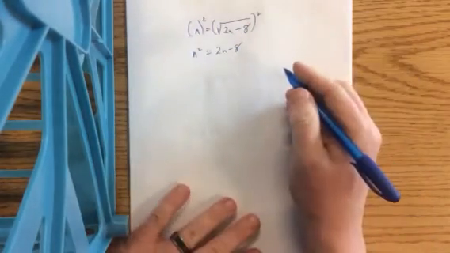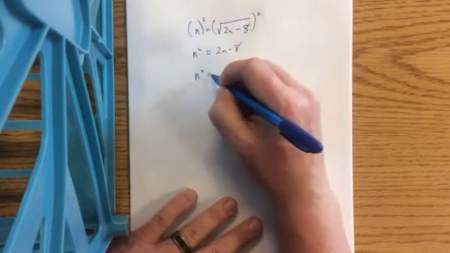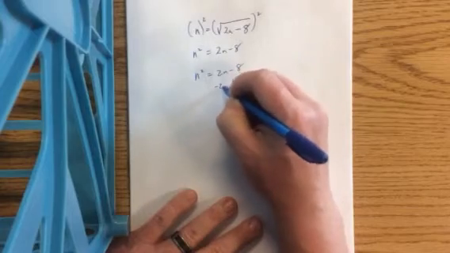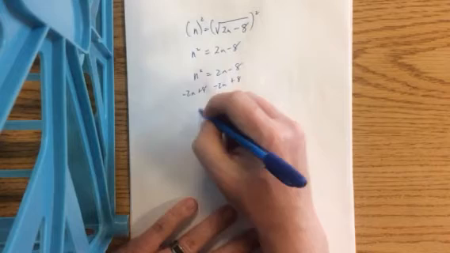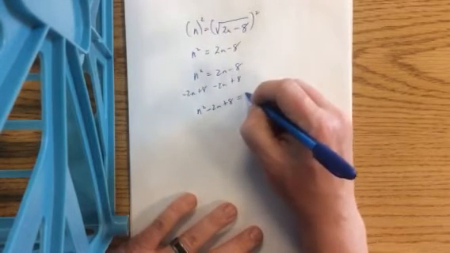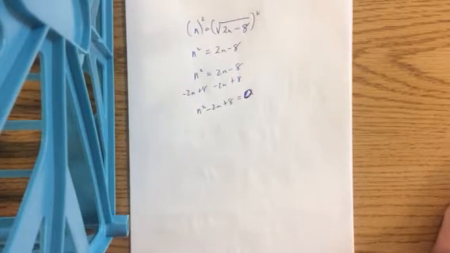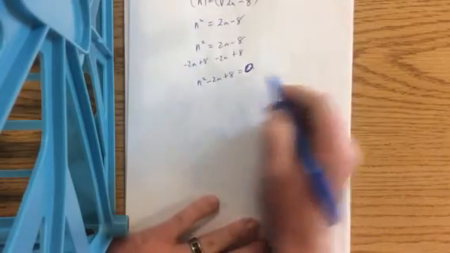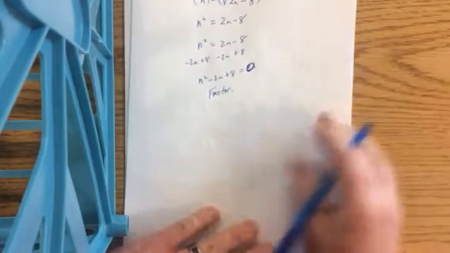I move everything over: subtract 2n and add 8 over here. So we end up with n squared minus 2n plus 8 equals 0. This one's going to get a little bit wonky because this is not factorable. So when I said that it should work, I was wrong.